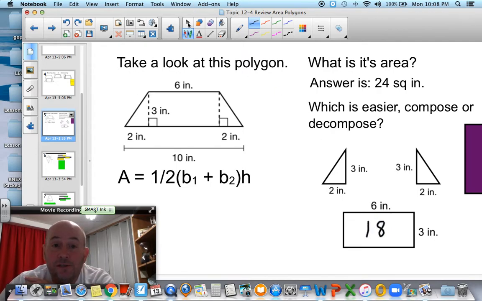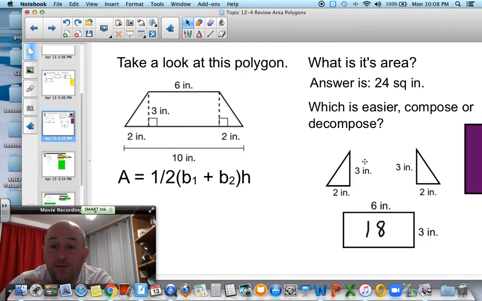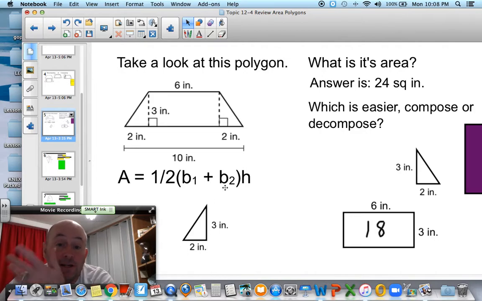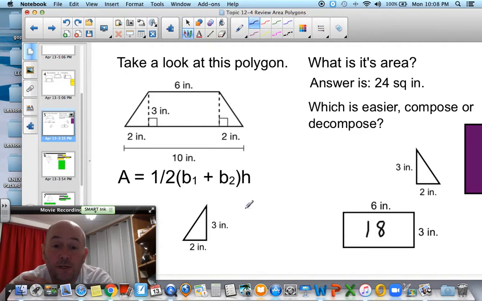And then you could easily say, okay, well, now I have two triangles that are congruent. Each one of them has a base of 2 and a height of 3. And then you could simply apply the formula for finding the area there, which would be base times height, which is, in this case, 6.